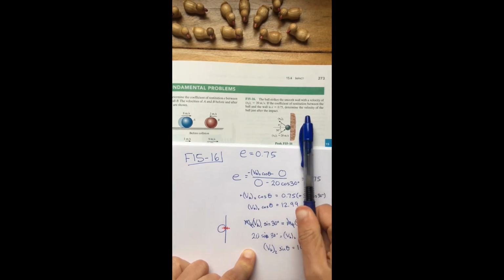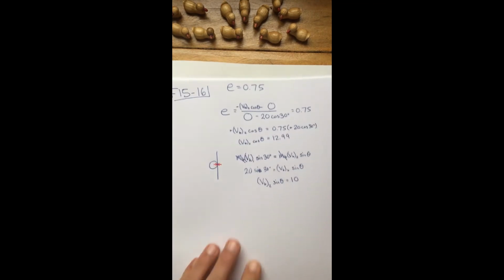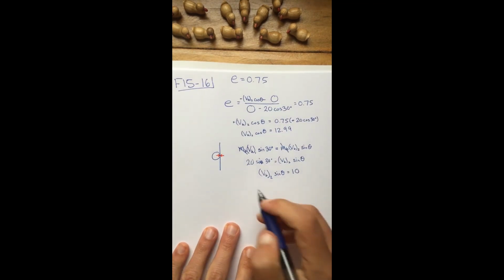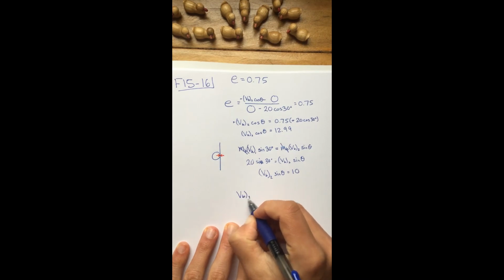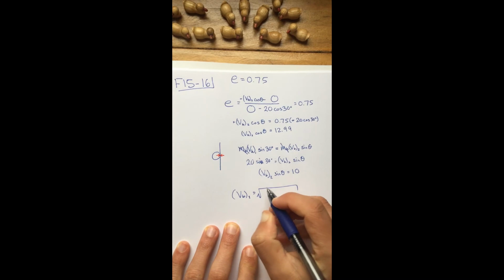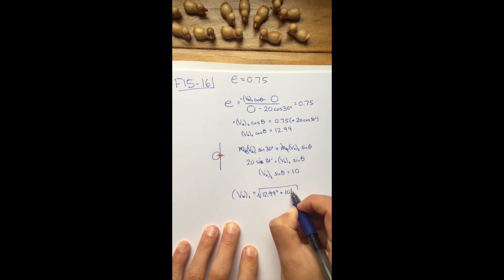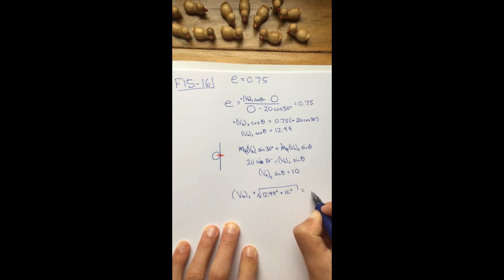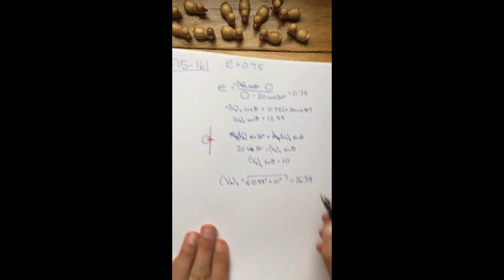I was asked to find the velocity of the ball just after the impact, so I need the magnitude and the direction. VB2, since I have the x component and the y component, I can find the magnitude by doing 12.99 squared plus 10 squared and taking the square root, and that gives me 16.39, and the units for that are meters per second.